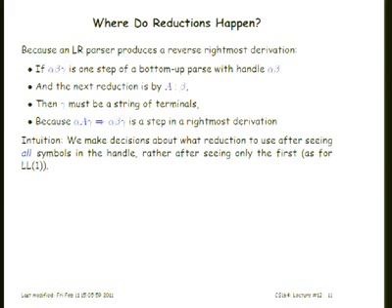Produce is where you take a non-terminal symbol and you turn it into a right-hand side, and reduce is the opposite. We're going in reverse. And we don't do this until we've seen all the symbols, and we actually peek at the next symbol as well, typically, or the next couple of symbols, depending on what you're doing. So that gives us a lot more context in which to figure out what to do.